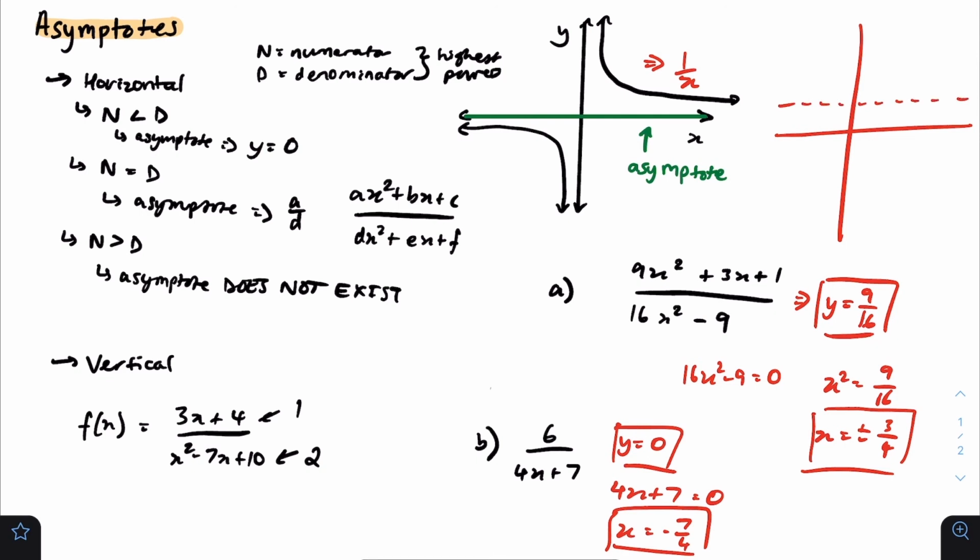Let's say that's y equals 9/16. And then plus minus 3/4. Those two parts are asymptotes. And now you've divided into 6 regions, and you know that it's going to appear in three of those regions. So anyway, that's that for asymptotes.